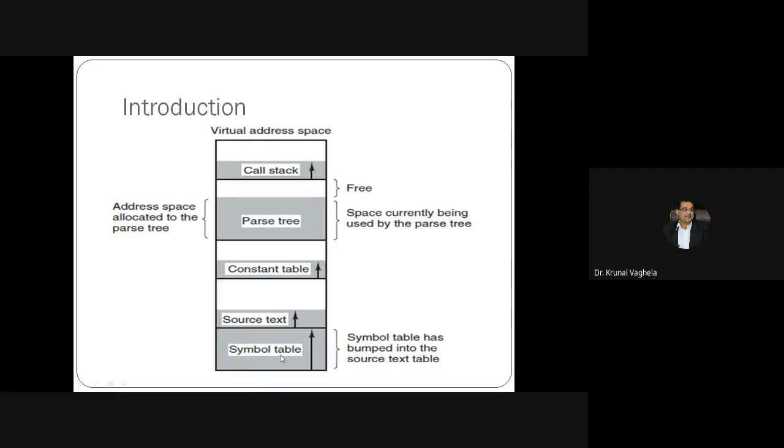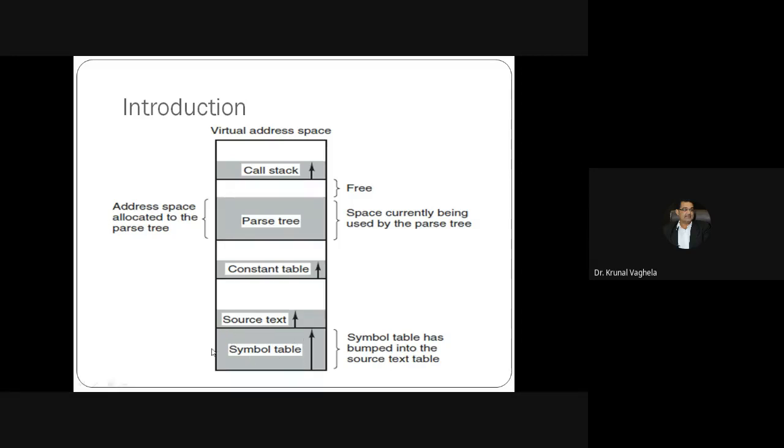values you are going to store in the array. So some portion is allocated for the symbol table, but the symbol table has bumped into the source text, because when your program starts running, and we are not talking about the small programs that you are making, we are talking about programs of 1,000, 2,000, 5,000 and 10,000 lines, right? In such bigger programs, as the program keeps growing, the number of variables will increase.